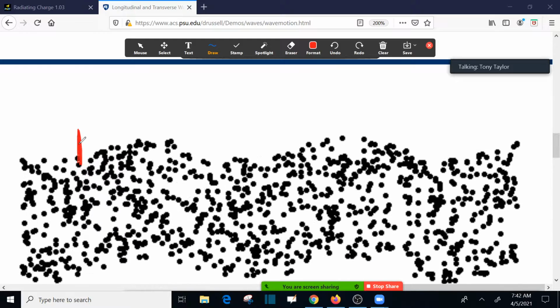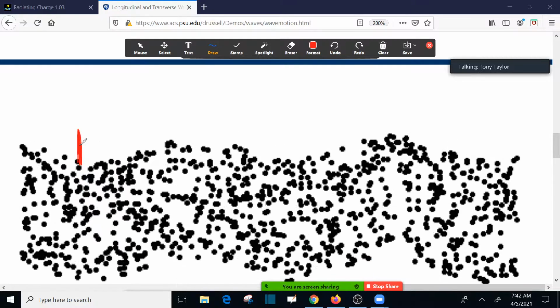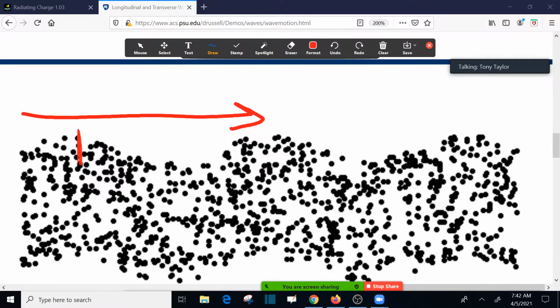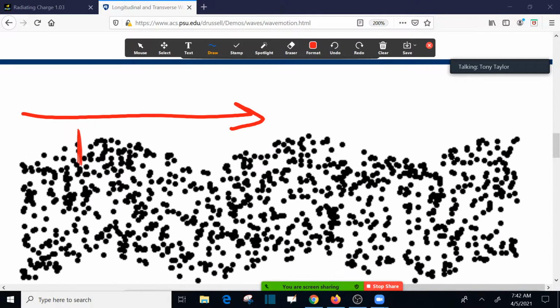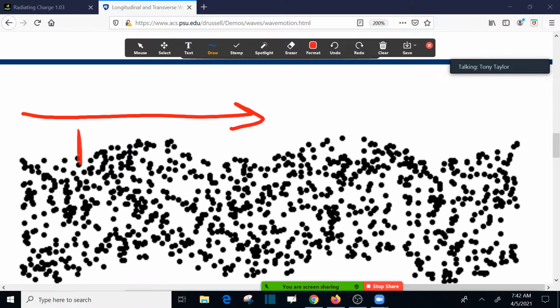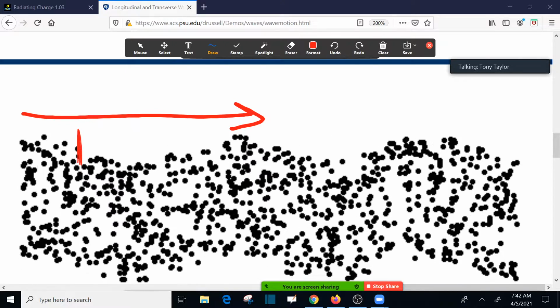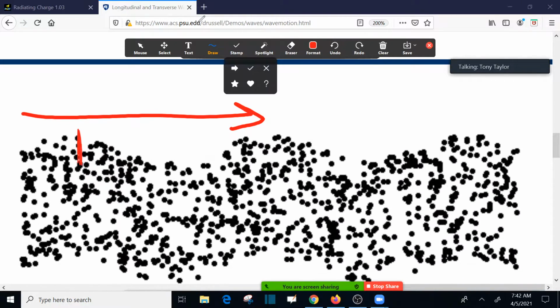So the particles vibrate like this, whereas the wave itself is moving like this. So the point is, the oscillation is perpendicular to the direction that the wave is propagating. Okay, so this is a transverse wave.